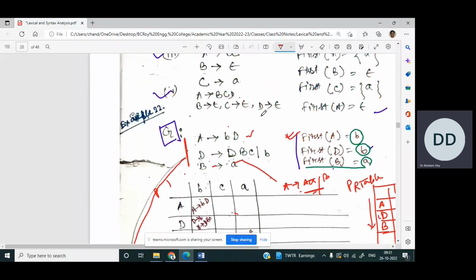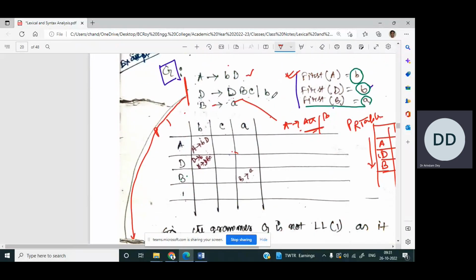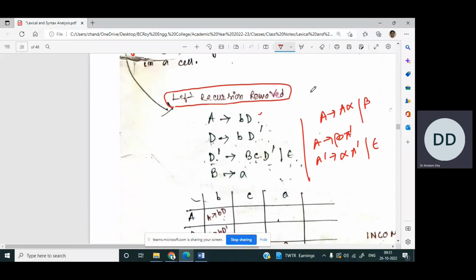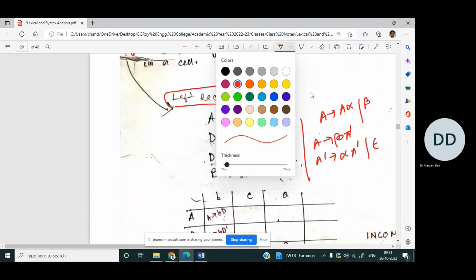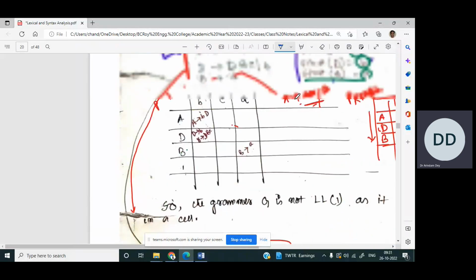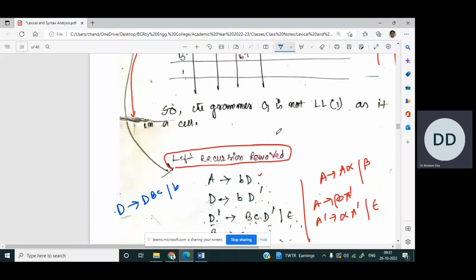What was our production? D to capital D B C or small b. Let me once again cross verify it. Small b, right?